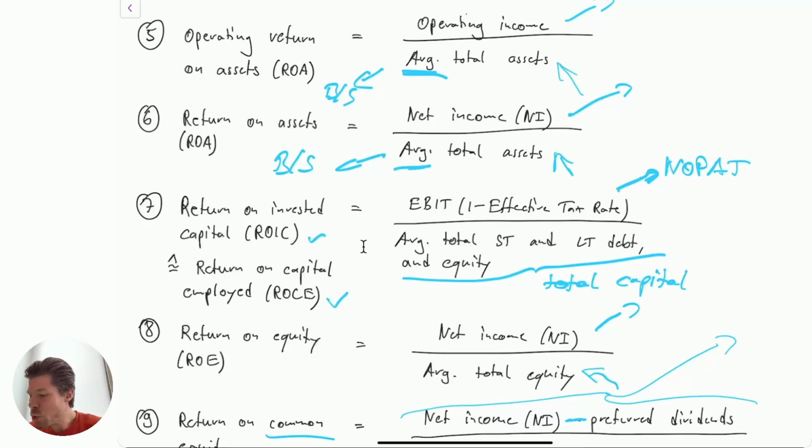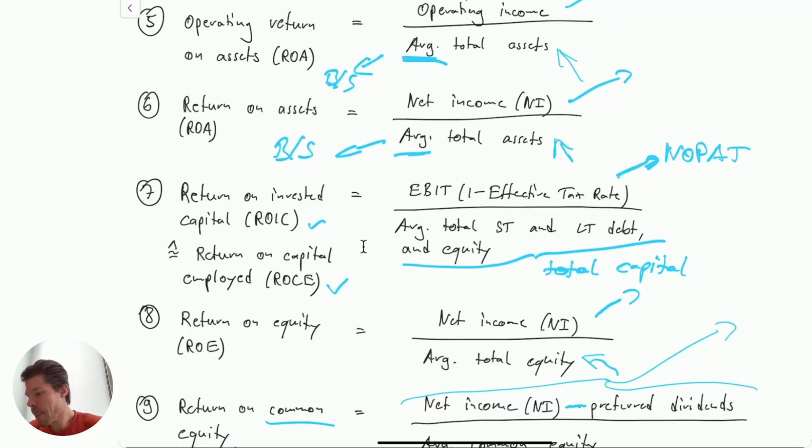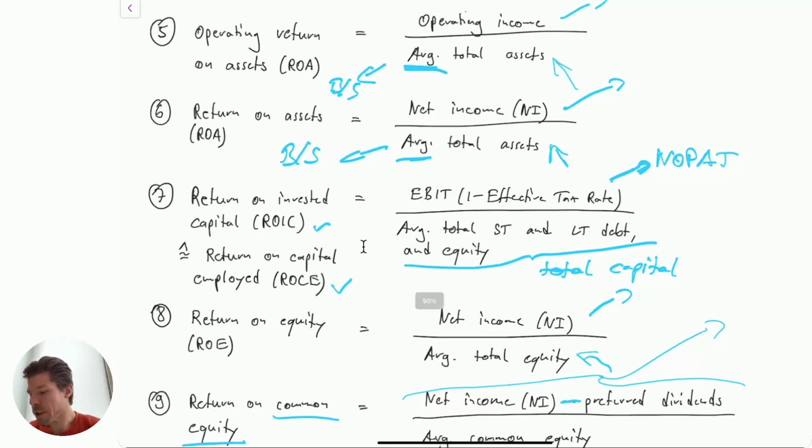They sometimes use a different denominator, invested capital versus capital employed. It depends. ROIC sometimes excludes cash and equivalents from invested capital. ROCE is more used in accounting, and return on invested capital we compare with the weighted average cost of capital to look at value creating opportunities. But in general, especially if the company has no short-term debt, both measures are approximately the same.